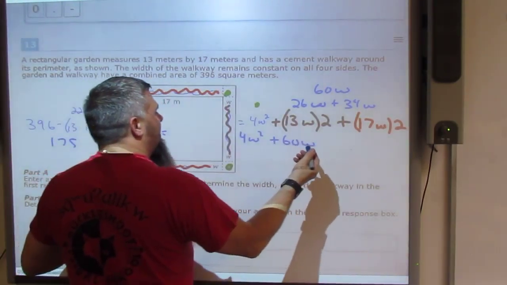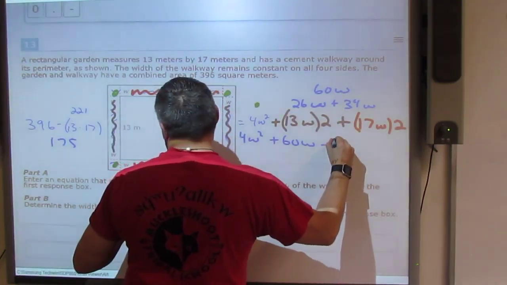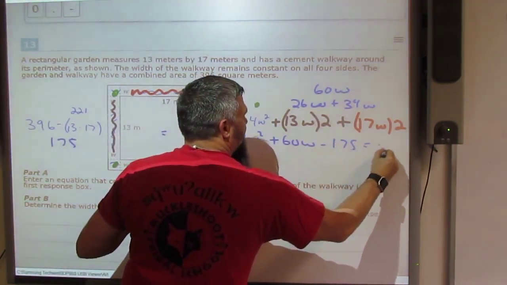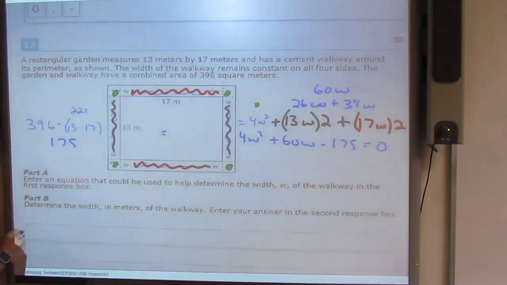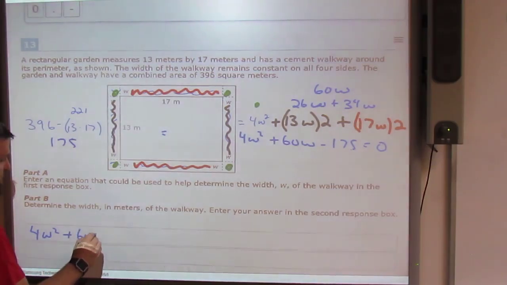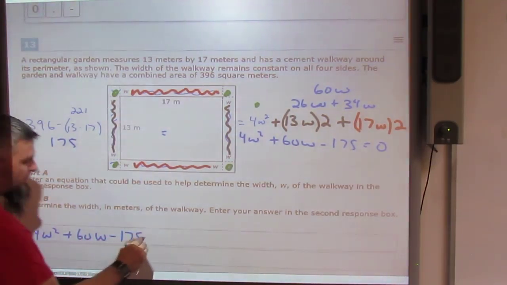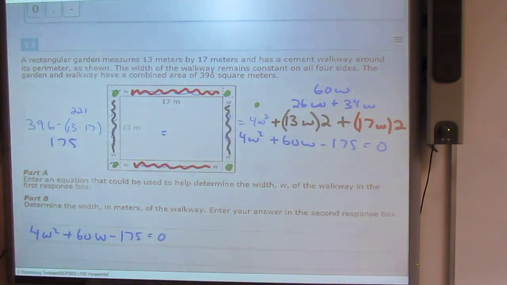So if I move it to the other side of the equation, minus 175 equals 0. And so now I have my equation: 4W squared plus 60W minus 175 equals 0.